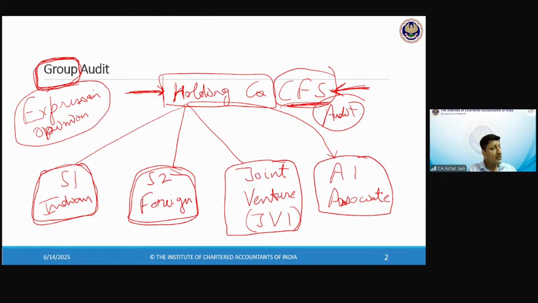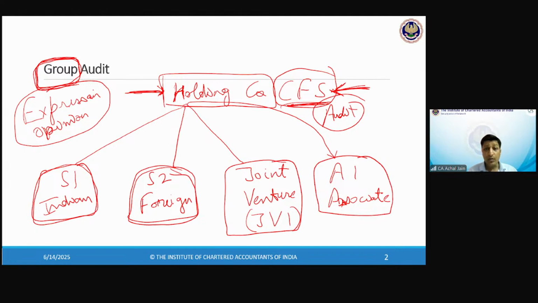Next comes the question that if the auditor is required to audit the consolidated financial statements, what does it mean? Means what additional thing will be required on the part of the auditor in relation to this audit of the consolidated financial statements.